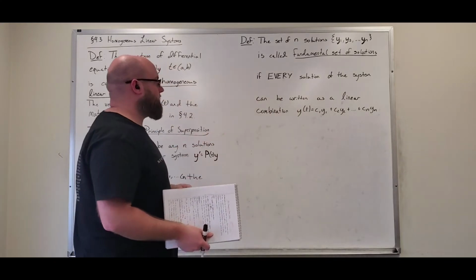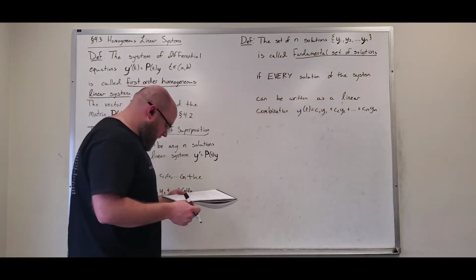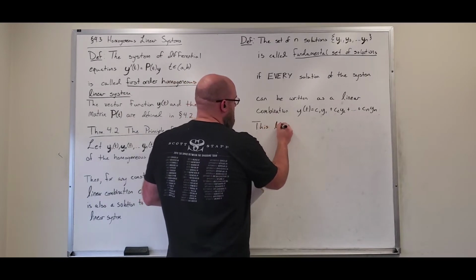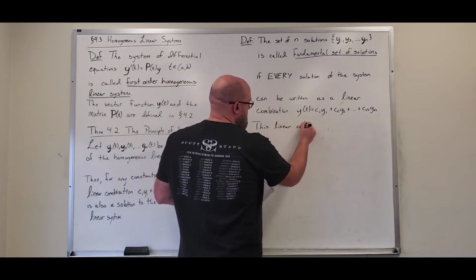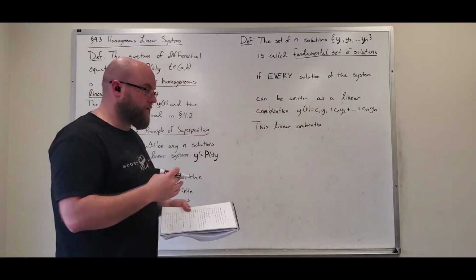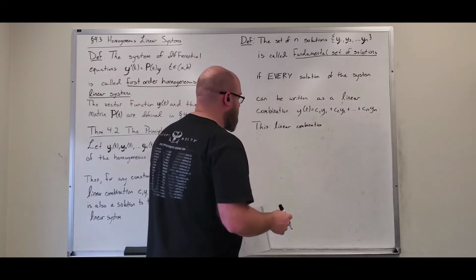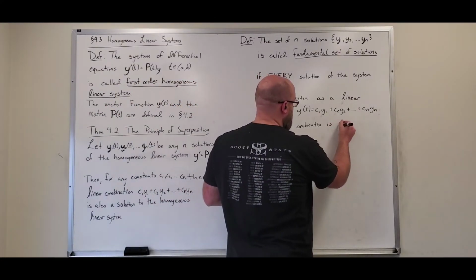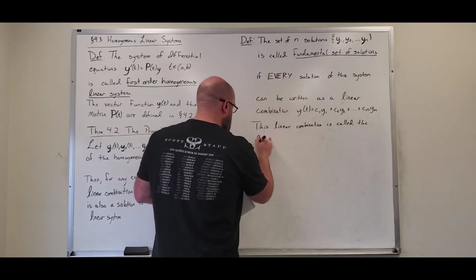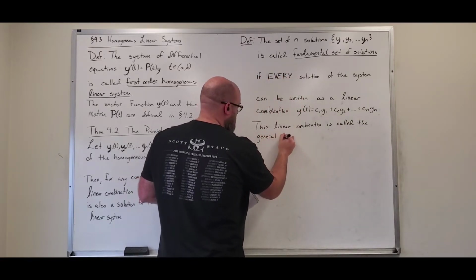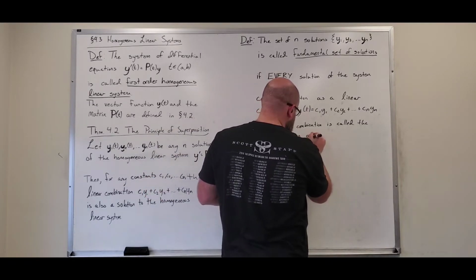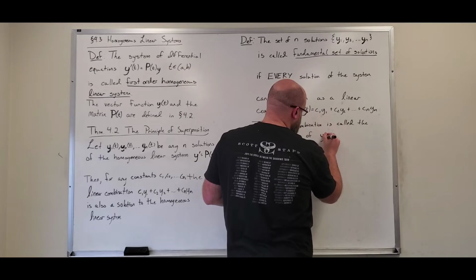So if we can write those as a linear combination, this should look familiar to our other forms that we've seen, but now we're dealing with these vector functions. This is called the general solution of our homogeneous linear system.